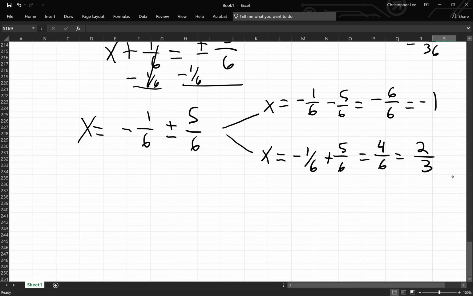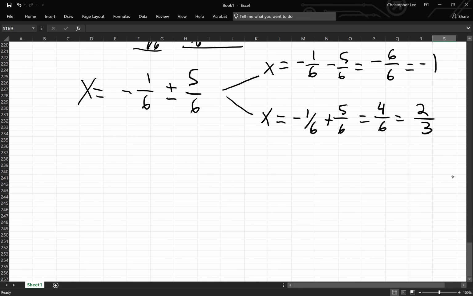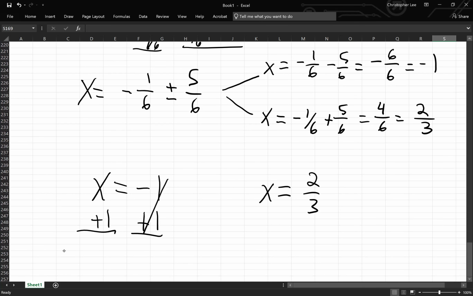So let's recap. What are my answers? One answer is x equals negative 1. And the other answer is what? X equals 2 over 3. Watch this. For the negative 1, add 1 to both sides. What you do to one side, you do to the other. What does this become? X plus 1 equals 0.